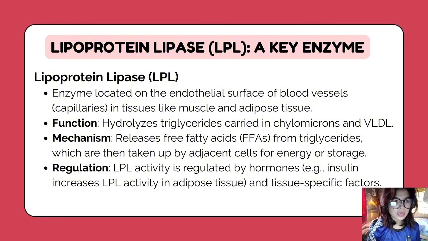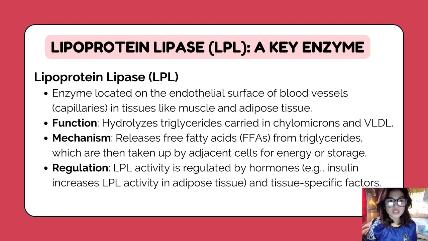So how does LPL work? LPL hydrolyzes the triglycerides, meaning it breaks them down into their component parts, free fatty acids and glycerol. These free fatty acids are then taken up by the surrounding cells. What happens to these free fatty acids?